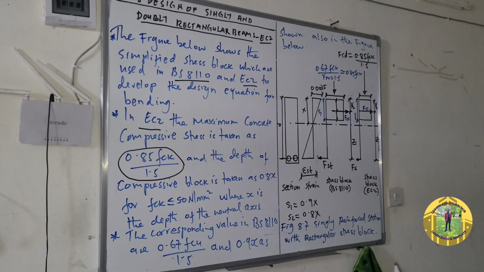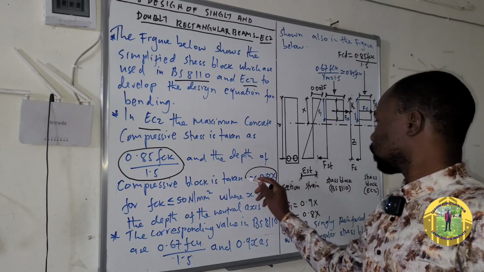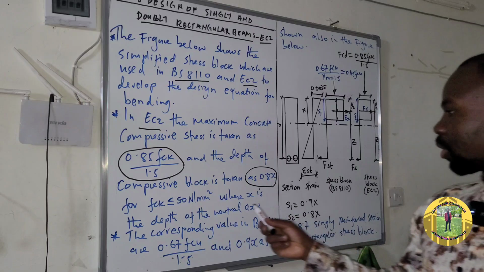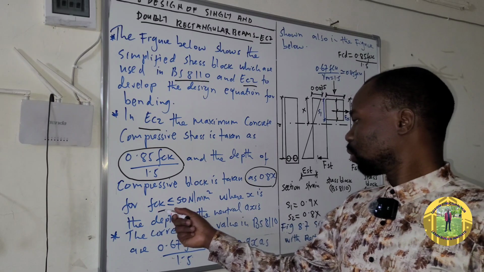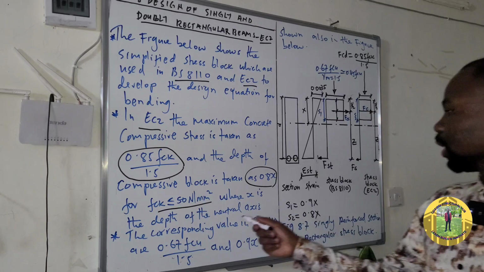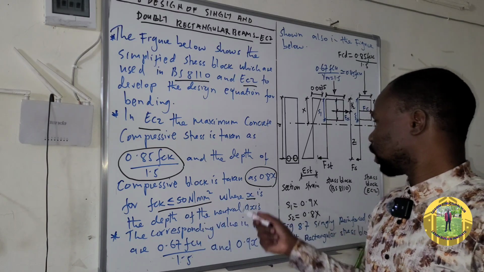And the depth of the compressive block is taken as 0.8x, for fck less than or equal to 50 Newton per millimeter square, where x is the depth of the neutral axis.